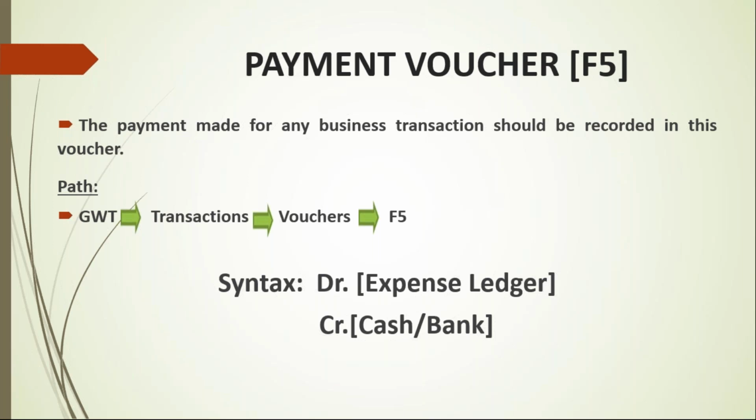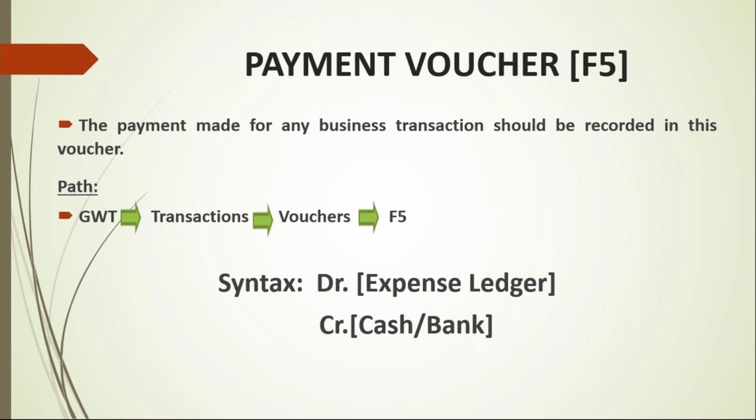As usual, the debit aspect appears first and then we have the credit aspect. So the debit aspect will reflect the expense ledger and the credit aspect will reflect the cash or the bank. Now, whenever we are making payment for any business activity, the funds are going out of the business.